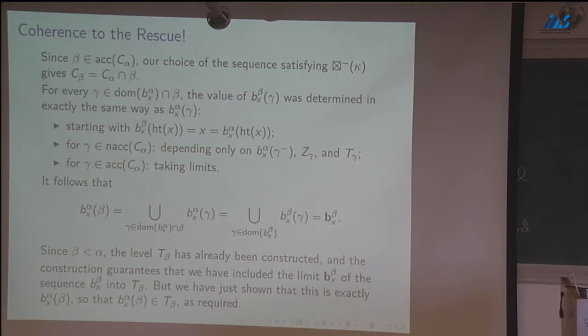So we've got our C beta, which goes up to here, the same thing as the C alpha intersected with beta. And the point is that, for example, for this same point x that we started with, when we were building the tree at level beta, we built a sequence going up to beta and put that point in C beta. And it is that very same sequence that we've followed to build the sequence up to alpha.